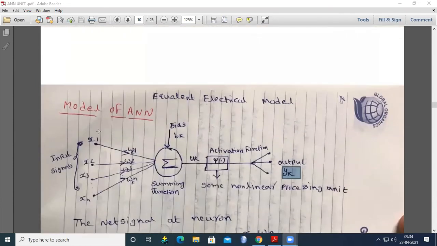So this is x1, starting with x1. The x naught is also added to this model, and the weight is bk. Take this as a weight.